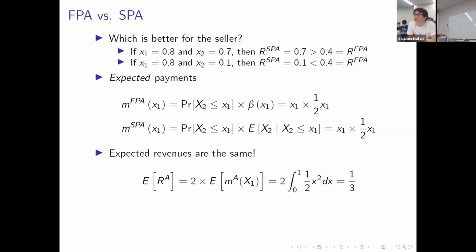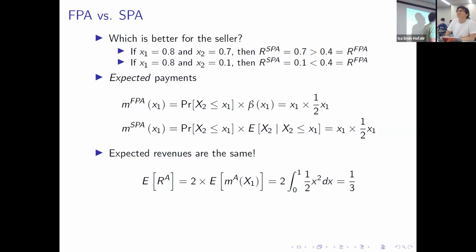In a second price auction, they are both bidding their values, so the selling price will be 0.7. Whereas in a first price auction, each of them will be bidding half of their values, which is 0.4 for bidder 1 and 0.35 for bidder 2, and therefore the selling price will be 0.4.